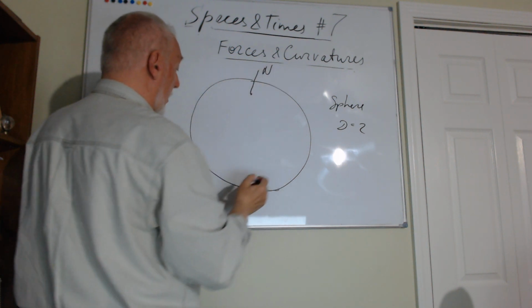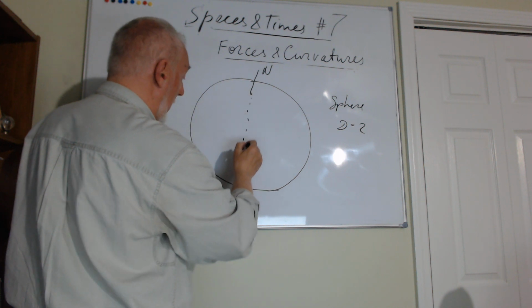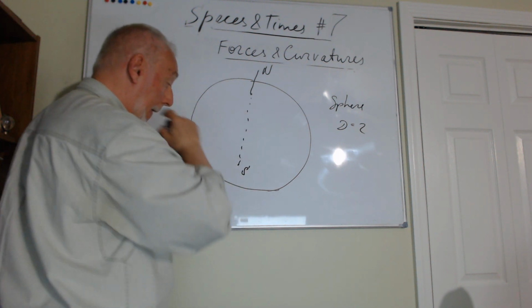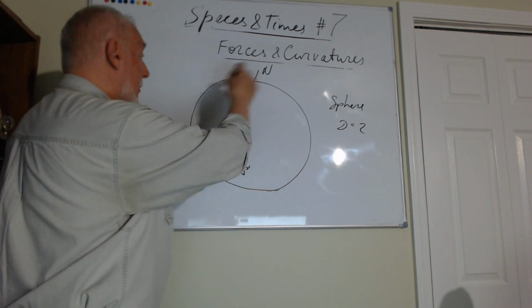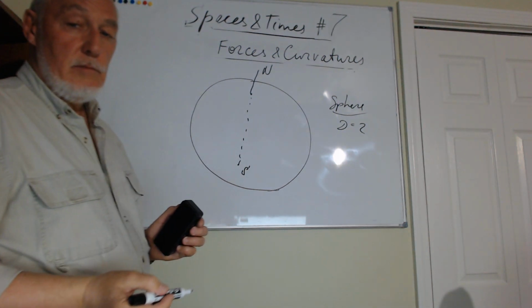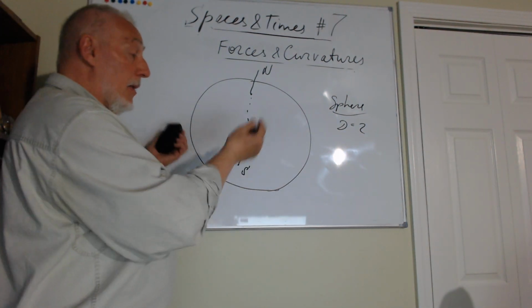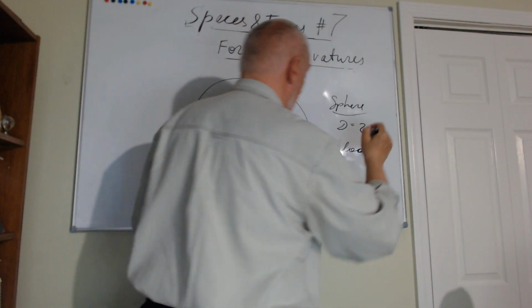So like North Pole, and somewhere on the other side, there is South Pole. And then imagine that this sphere is made of rubber. Again, the same thing, like a membrane, like a rubber balloon.